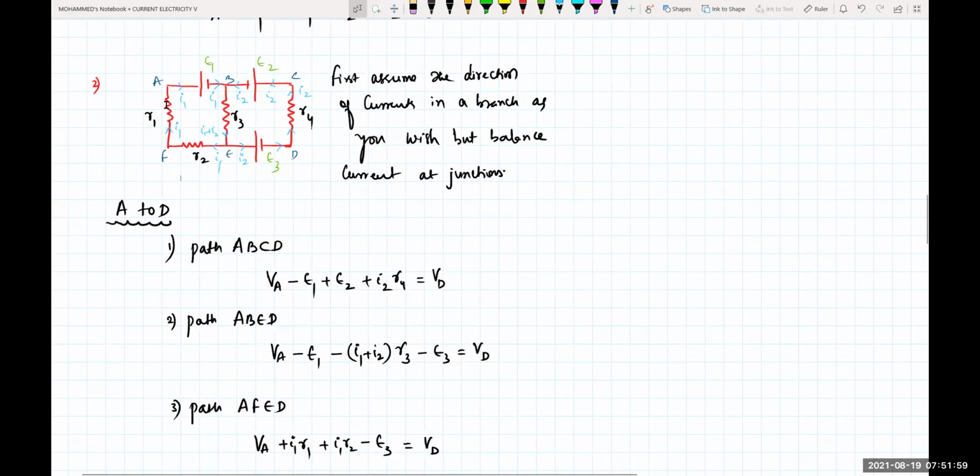Then from F to E, again opposite direction, so that will be I1 into R2. Then from E to D, I'm ending at D, so what terminal do I see? Minus. So it is minus E3, that will be equal to VD. Is it clear?